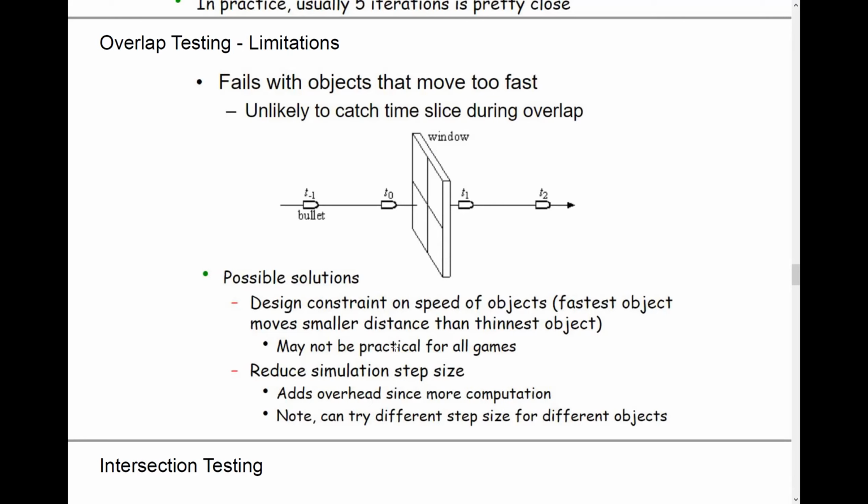But it might not be practical for all games. The other option is to reduce the simulation step size. You can try different step sizes for different objects, but it could add computational overhead.